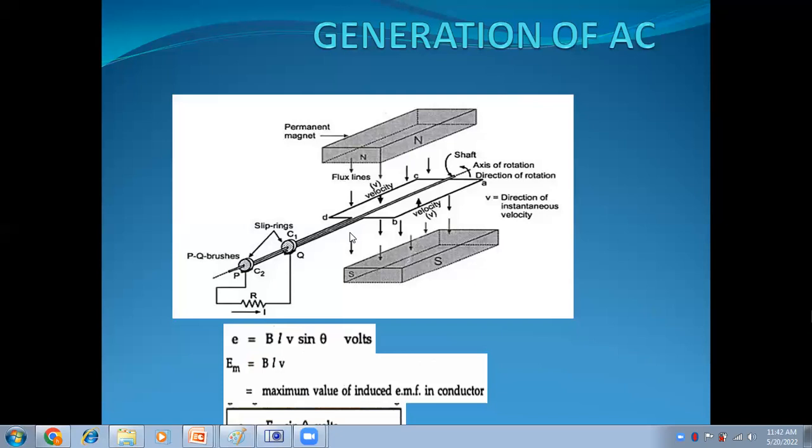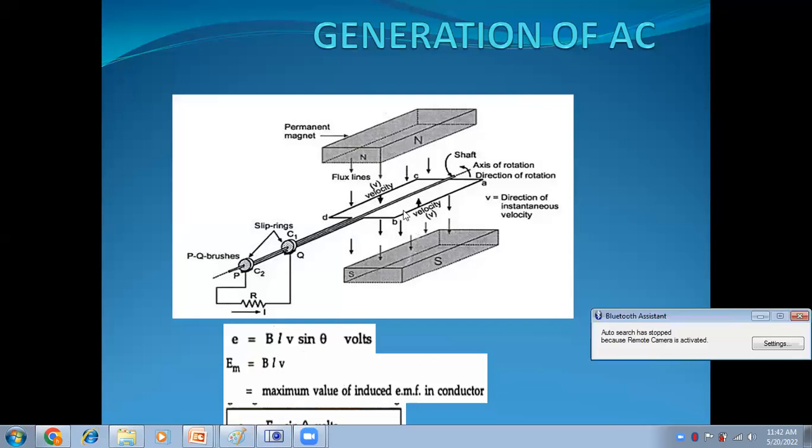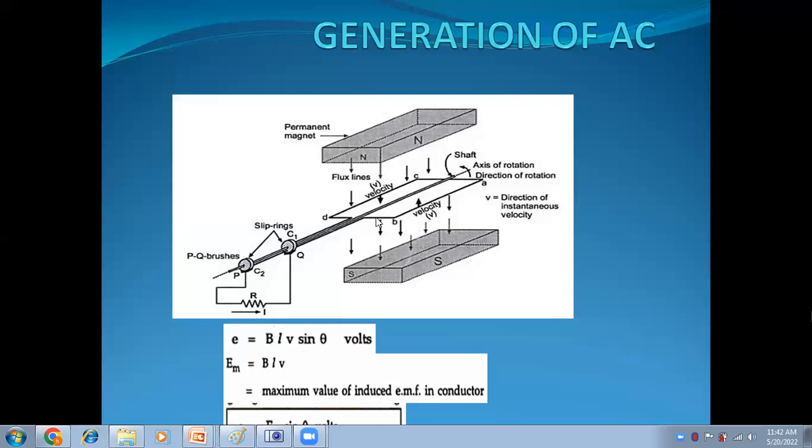Whenever there is a relative motion between the conductor, which is this coil, and the magnetic field, EMF is induced. Lines of flux are generated from the North Pole and reach the South Pole, and in between, the conductor in the form of a coil is placed.